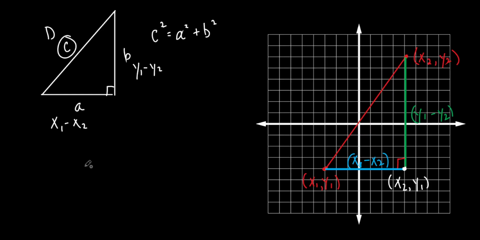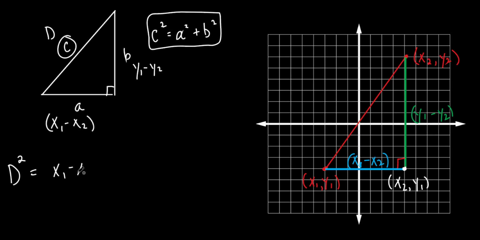So check this out. Let's use the Pythagorean theorem now. What was my C? It's D, but it's D squared because I'm using the Pythagorean theorem. You with me? Equals what? A squared. What was my A? It's x1 minus x2. But what do I have to do to that?